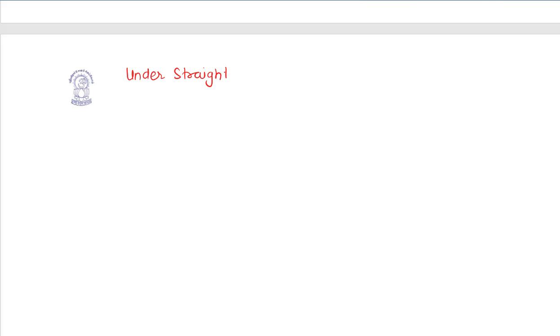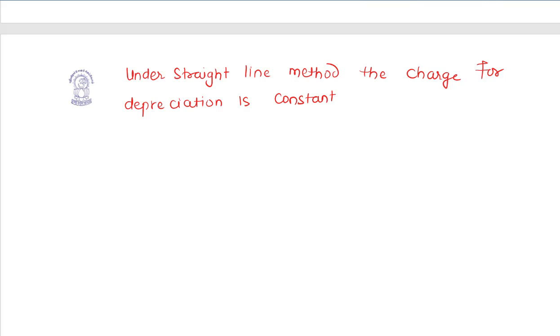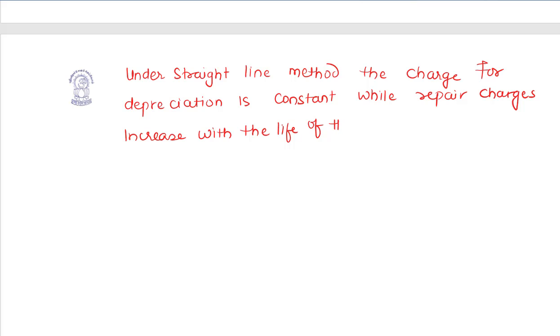Under straight line method, the charge for depreciation is constant, while repair charges increase with the life of the asset.